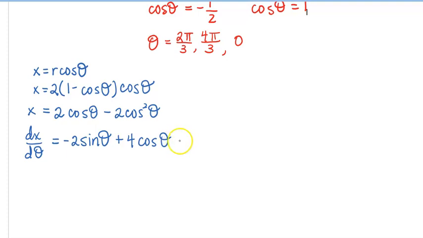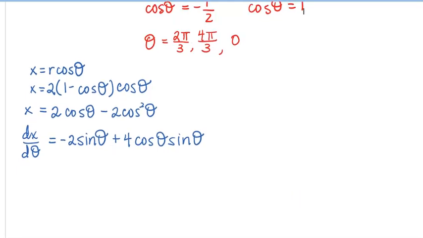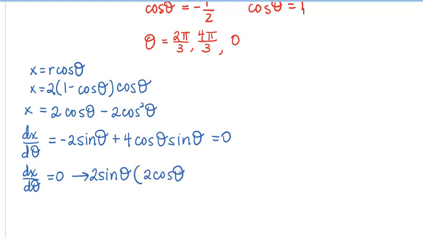We will need to use power and chain rule on the second term. Now we have this equation. We want to know where this equation is equal to 0. We're interested in where dx d theta is equal to 0. If I were setting all of this equal to 0, I would factor out sine theta, and I would also factor out a 2, which would leave me with 2 cosine theta, I switched the order of my terms, minus 1.